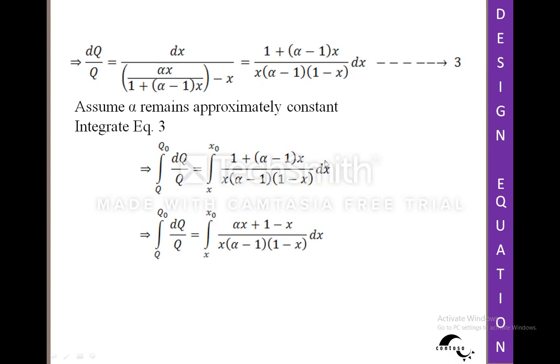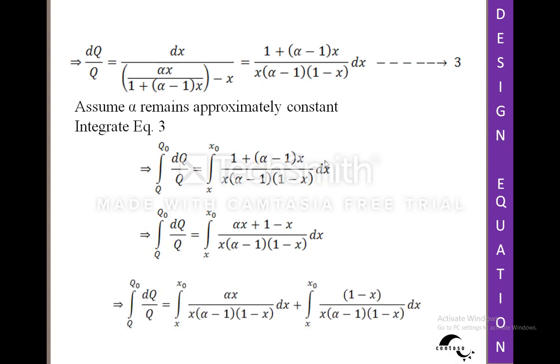So I have rearranged the numerator as 1 plus (alpha minus 1) into x, written as alpha x plus 1 minus x, because in the denominator you have 1 minus x as a term. Now I can easily split the right side integration into two different integrals.